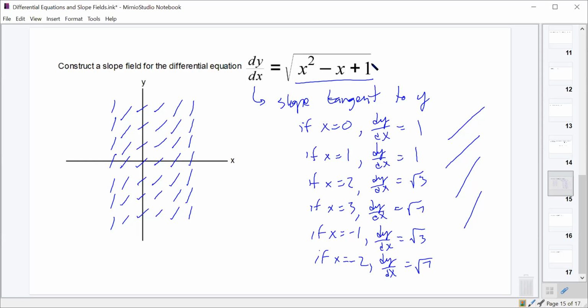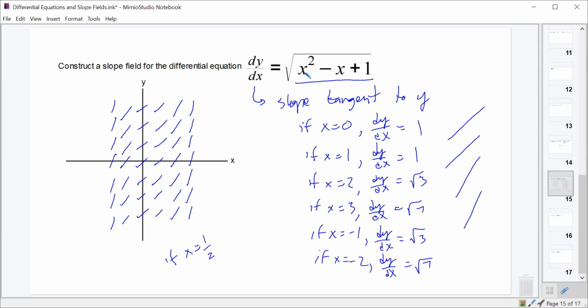Okay. And now we noted that we had 2 columns in a row that were exactly the same. So when that happens, you might be interested in what's happening in between there. Usually on the AP test, they just tell you a bunch of points to do. They don't just say sketch the slope field and give you a blank graph. They'll usually put a bunch of dots in and say sketch it at these specific points. But just for fun, let's see what's happening if x is, let's say, a half.